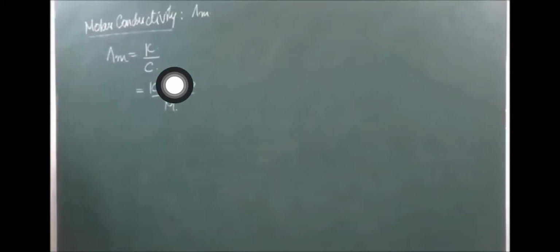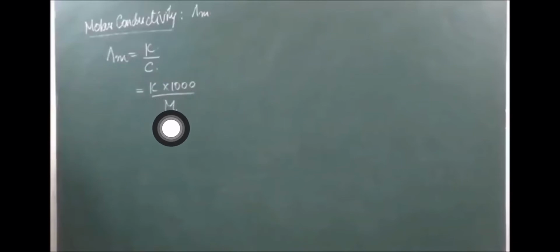Now you know what the term kappa is, right? We have already discussed it in the last lecture. Now C is the concentration per mole. So we can write it as K into 1000 upon molarity.